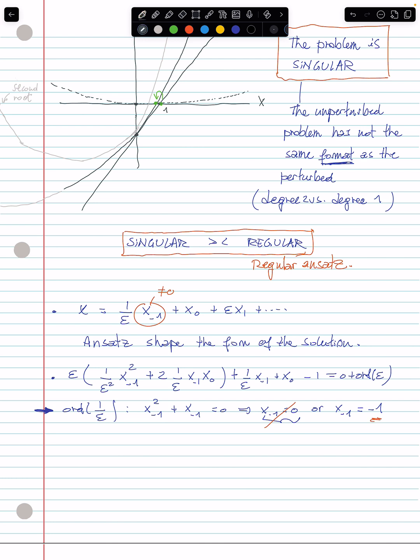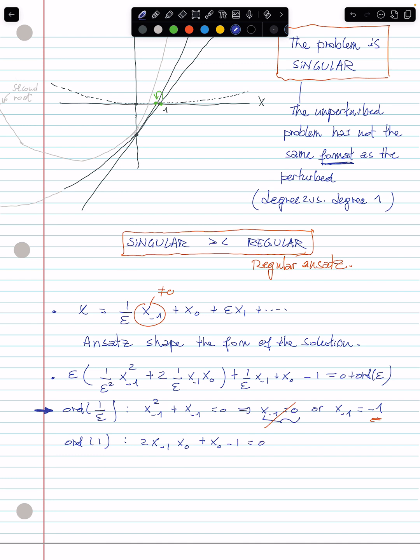All right, and then let's keep going. The second term would be of order 1. Next term of order 1 would just tell us 2x minus 1 x0 plus x0 minus 1 is equal to 0.